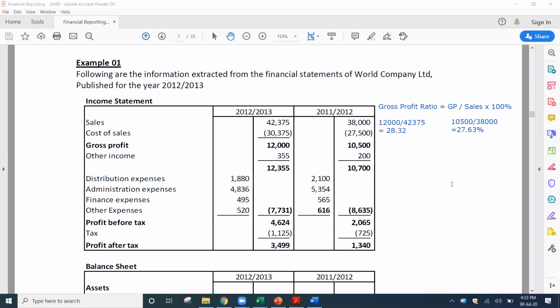Now by looking at these two answers, what can you tell? Can you all tell me? Looking at the profitability ratio, gross profit margin and gross profit over sales, what can you tell?